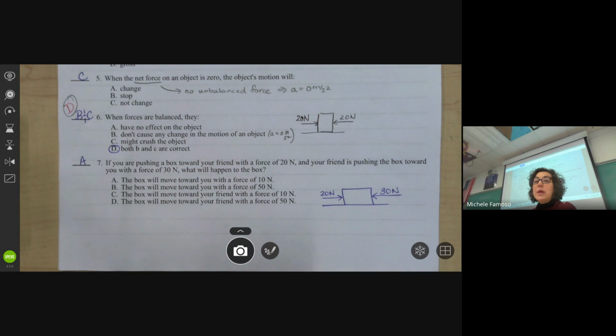No? Okay. You can use that worksheet to help you with the quiz. It's on your Chromebook today. So go ahead and pull out your Chromebook.